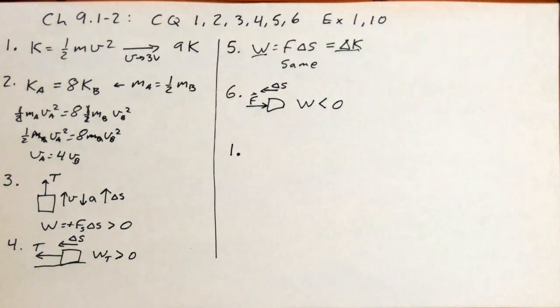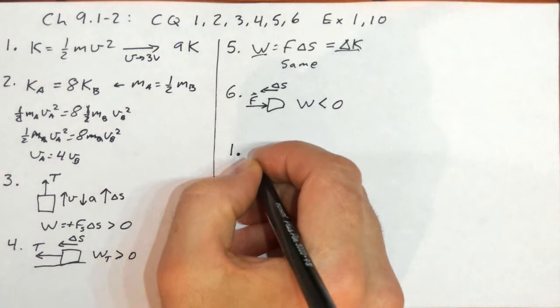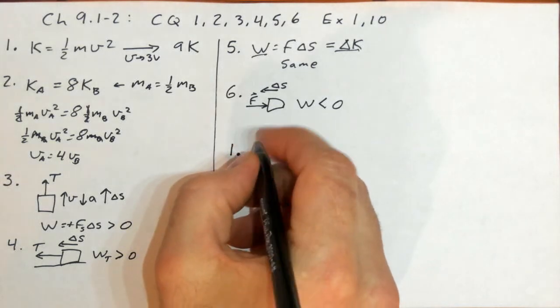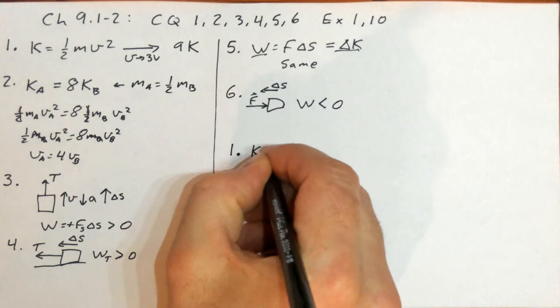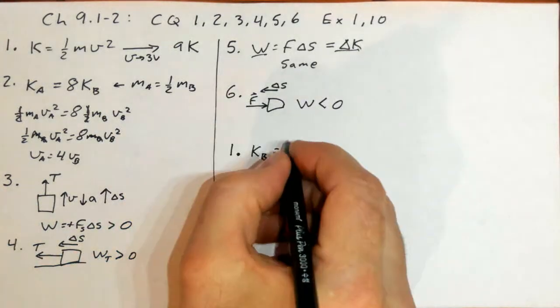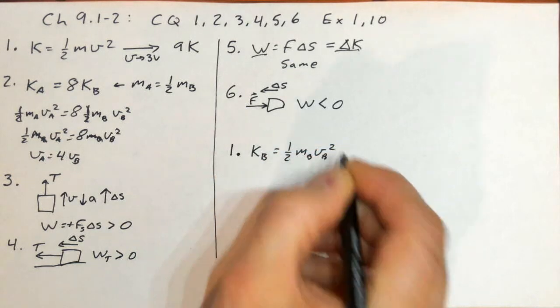Okay, so this is a definition, again, of kinetic energy, but this gives you a feel of real life experiences. So the kinetic energy of a bullet relative to the kinetic energy of a running student. Okay, so kinetic energy of the bullet is equal to what? You get 1/2 mass of the bullet times the velocity of the bullet squared.